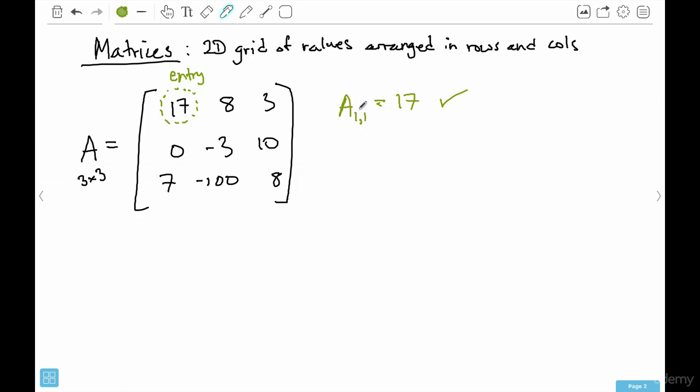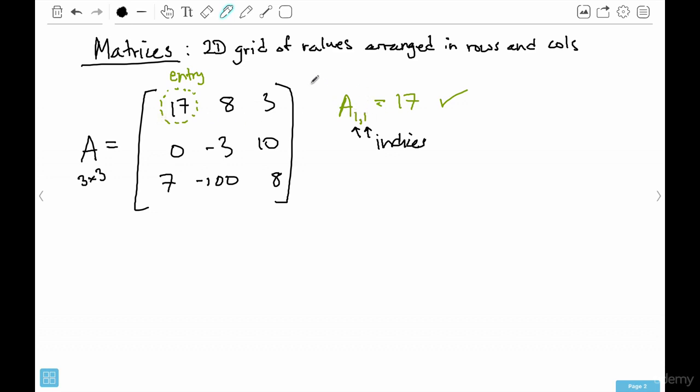These two things are called indices, and what they allow us to do is access the individual entries of a matrix instead of having to refer to it as a whole.